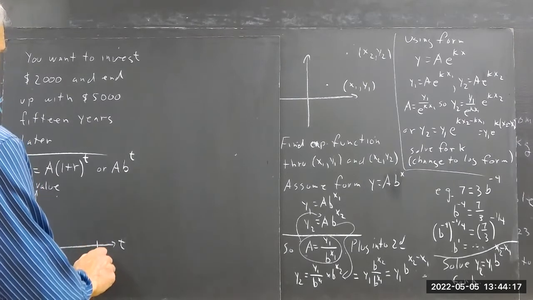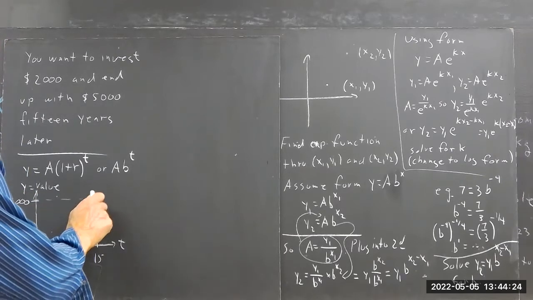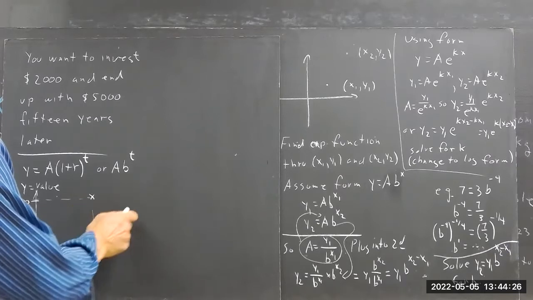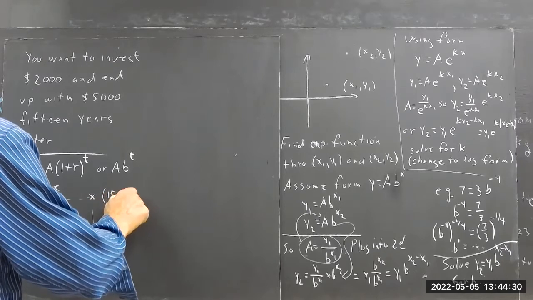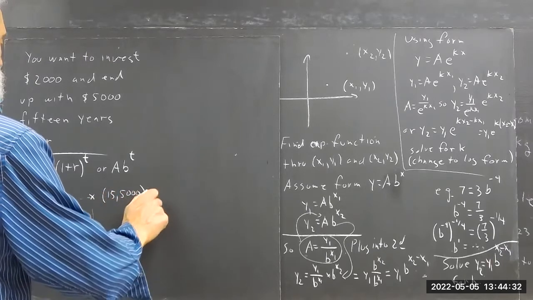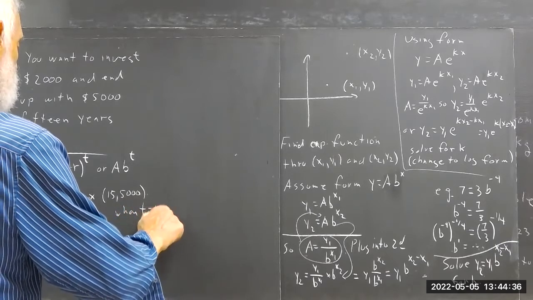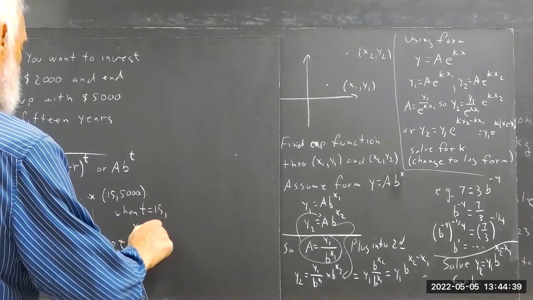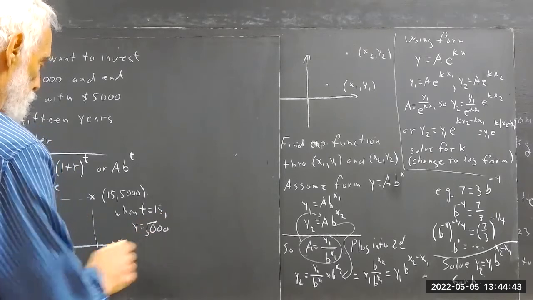So anyhow, when t is 15, the point is, really bad looking 5, but there it is.